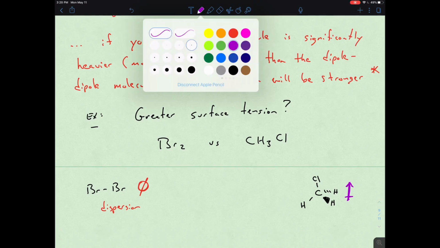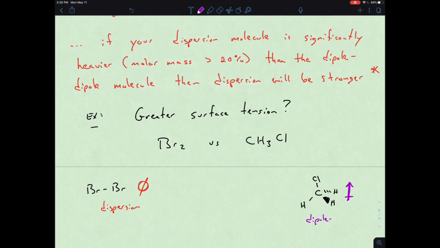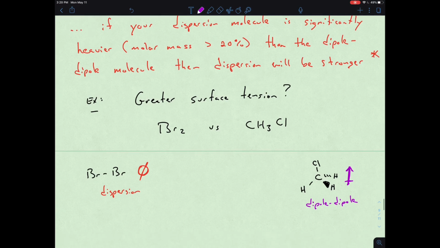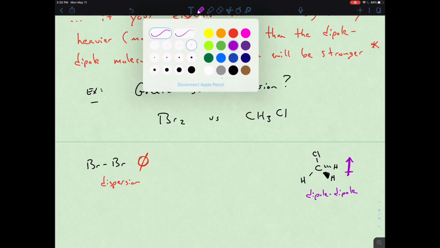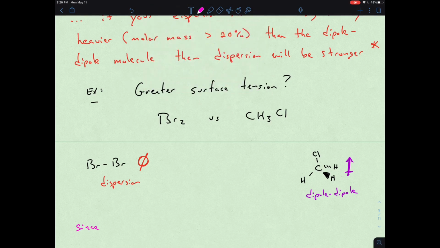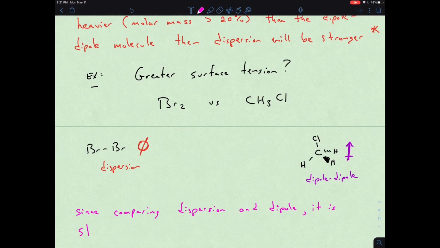Right, so that's dipole-dipole. And so in that comparison, since we are comparing dispersion and dipole, it is still a molar mass argument, right?